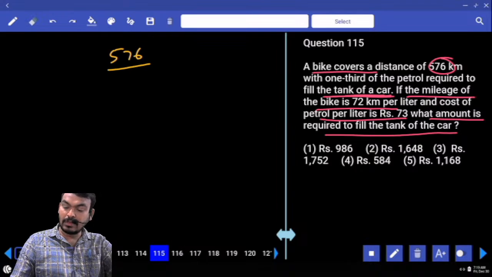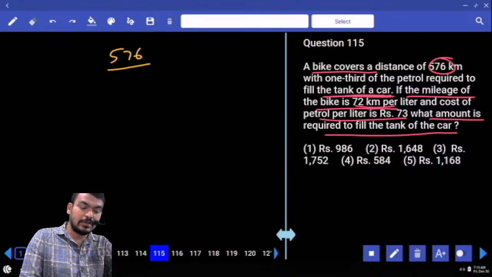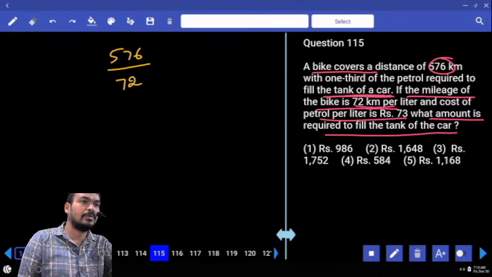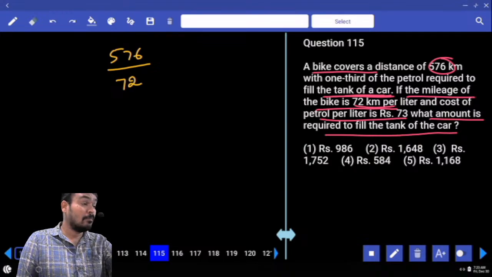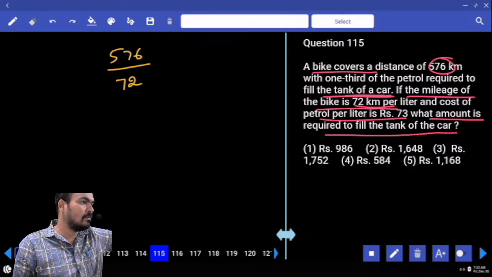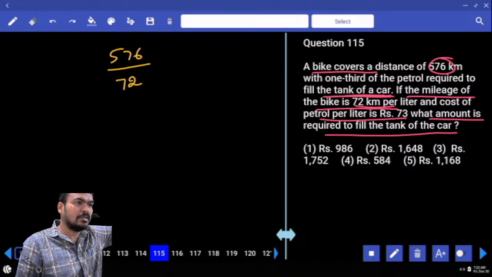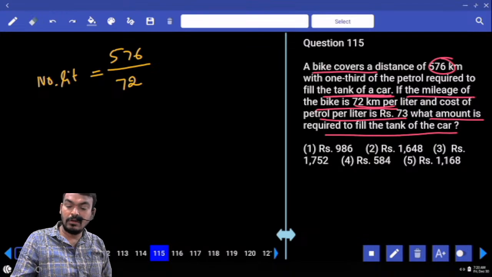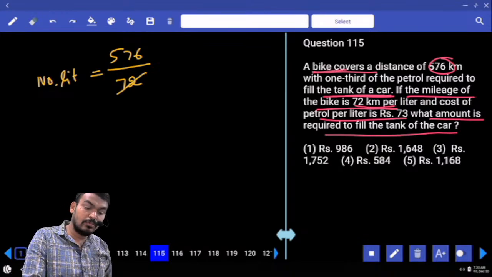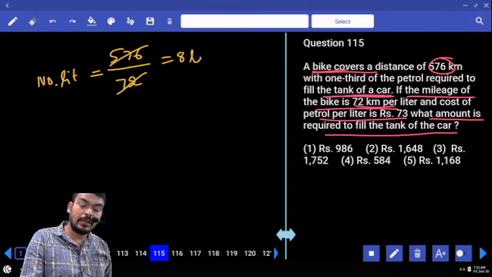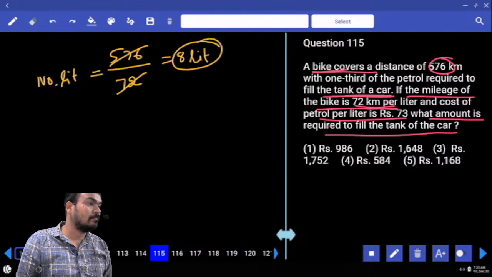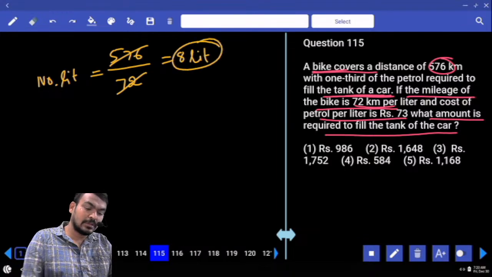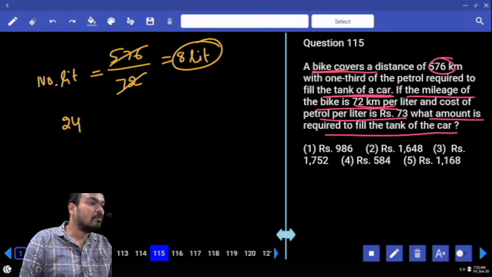Per liter, the bike travels 72 kilometers. Numerator is distance, denominator is per liter distance, then we get the number of liters consumed by the bike. 576 divided by 72 is 8 times. So 8 liters are consumed by the bike, which means the car needs 24 liters.